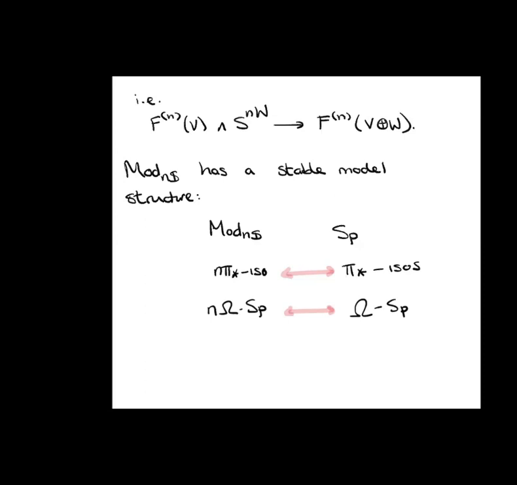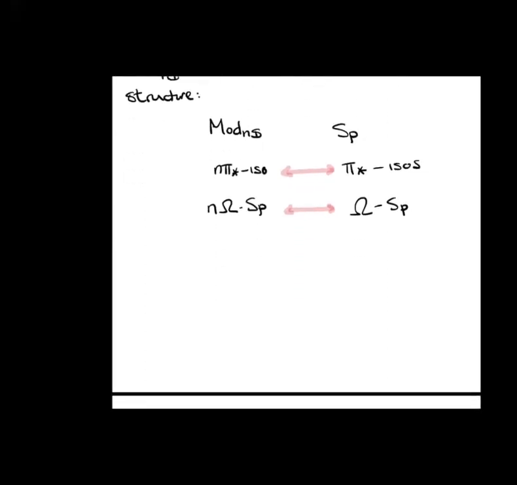And in fact, this method of taking the derivative turns out to be a right Quillen equivalence. More precisely, this is the hardest part of the entire thing, and the proof of this uses some of the later things we'll talk about.